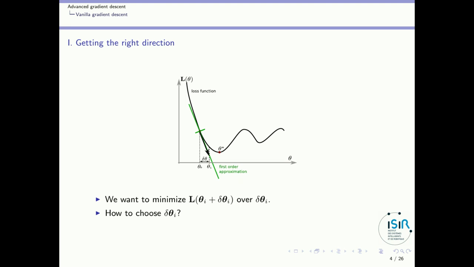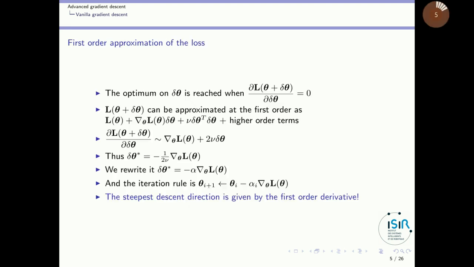So more technically, we have some loss function that I will note L of theta, and we want to perform a step delta theta. That's the step that we are doing here. So we want to minimize the loss of theta plus delta theta, and the question is how to choose that particular delta theta. Finding that delta theta is easy. First, we have to consider that the optimum of delta theta is reached when the derivative of the loss of theta plus delta theta over delta theta is null.